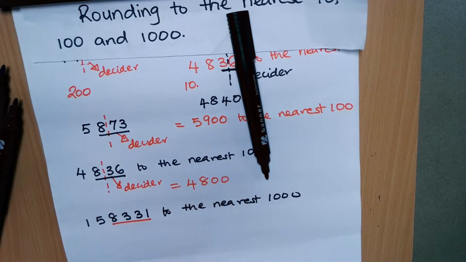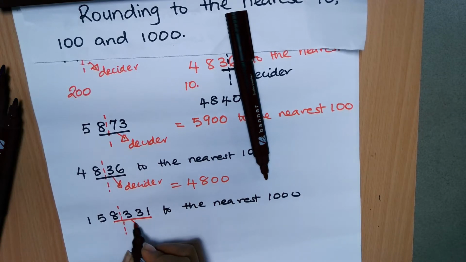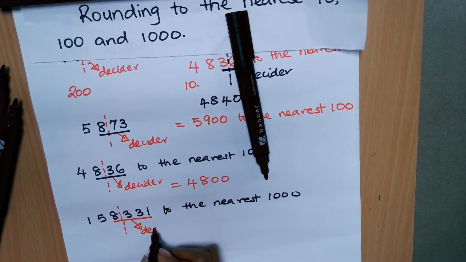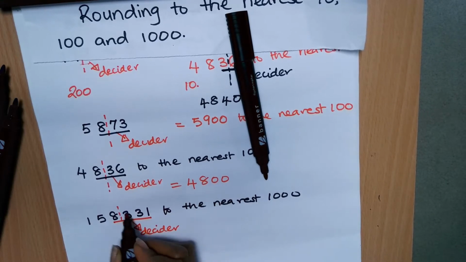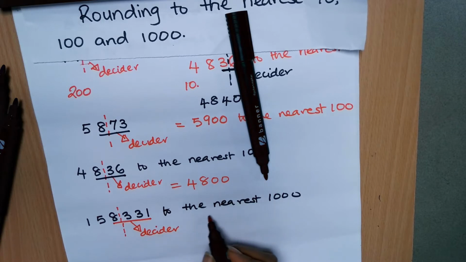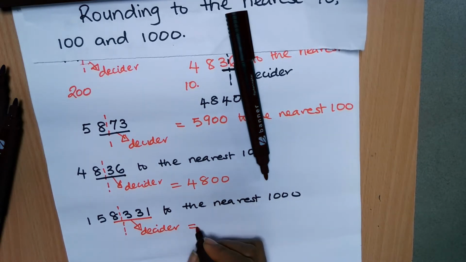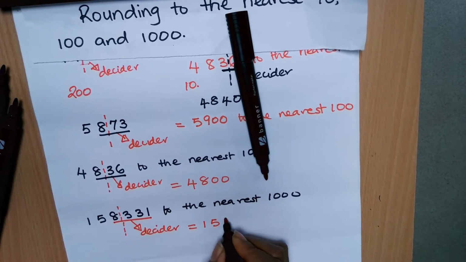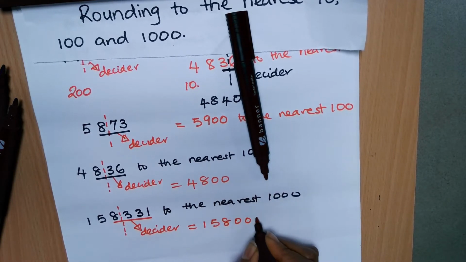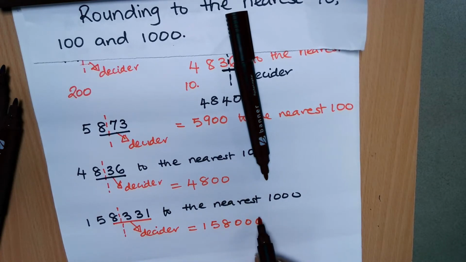So what we do in this case is to put our dotted line in between 8 and 3. Number 3 becomes the decider. So number 3 decides what happens to number 8. Because we're rounding to the nearest 1000, our answer is going to be 158. Right, so everything after 3 becomes zeros.